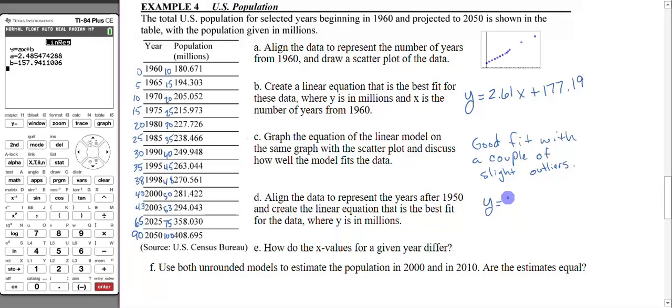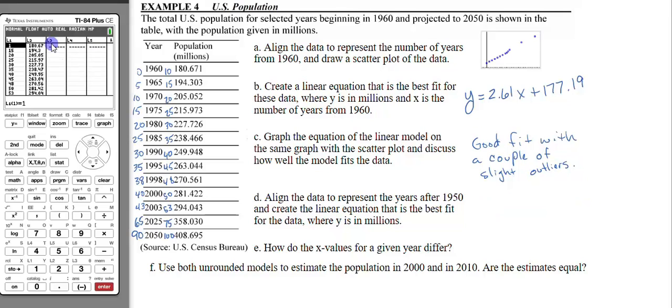Y equals 2.48x plus 157.94. And I see another error up here. I entered 1 instead of 10. I can also see that I entered a 1 up there instead of a 10. So remember, always double check.